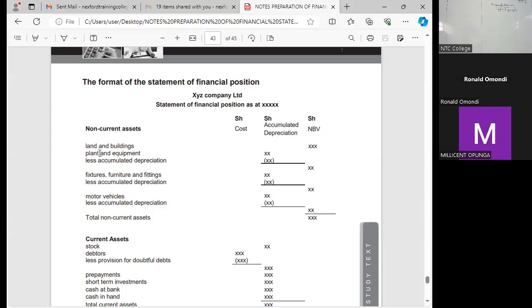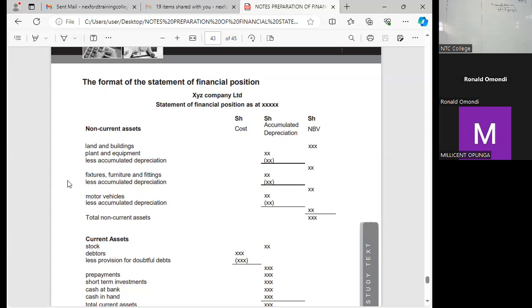So don't be confused that this plant refers to the plant that you grow in the shamba. This is the plant in terms of asset, meaning it's a building like a factory. Equipment refers to machines. Land, you know what land is, and building, you know what building is.